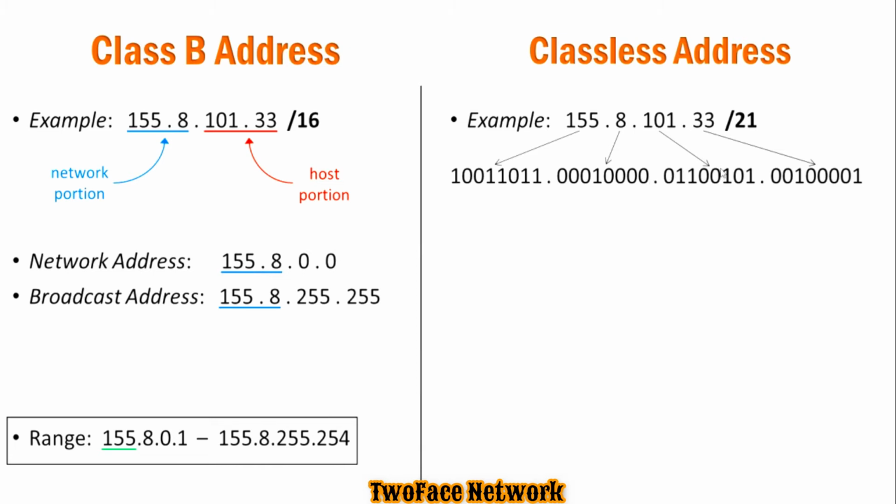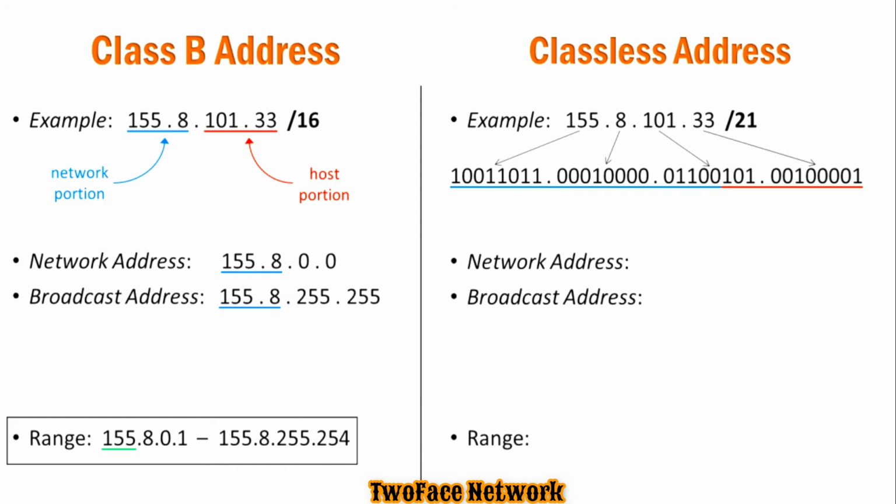And then we got 5 bits until here, and that's 21 bits. So the first 21 bits are going to be the network portion, and the rest is going to be the host portion. Now that we've got that figured out, how do we determine the network address and the broadcast address?